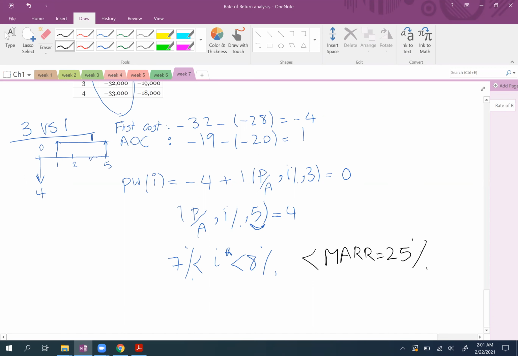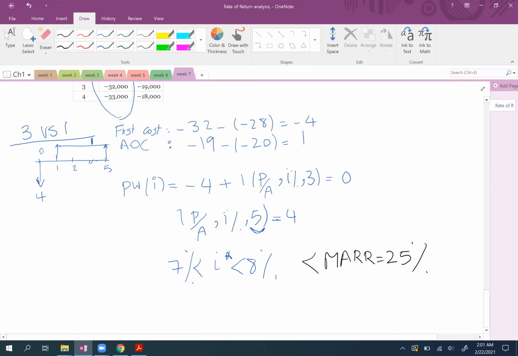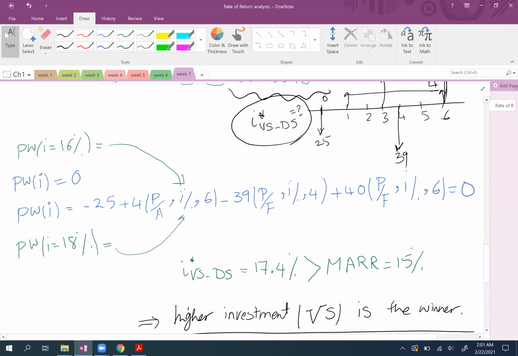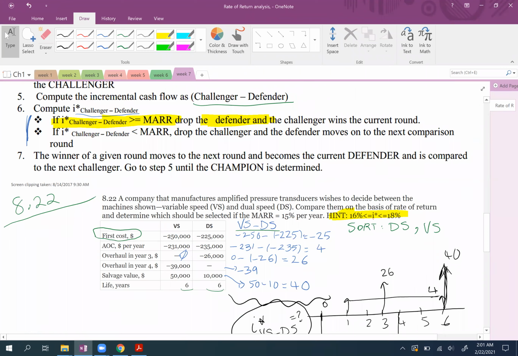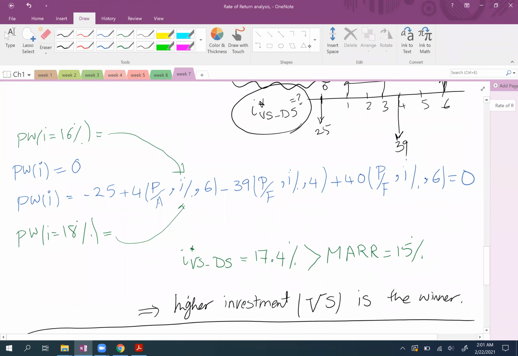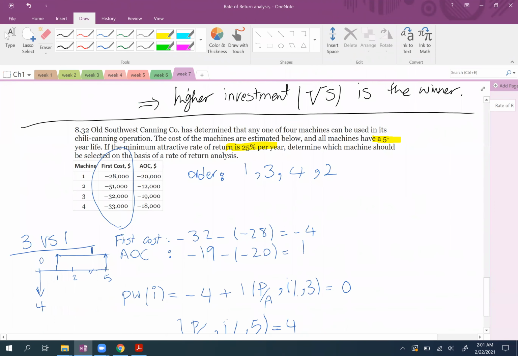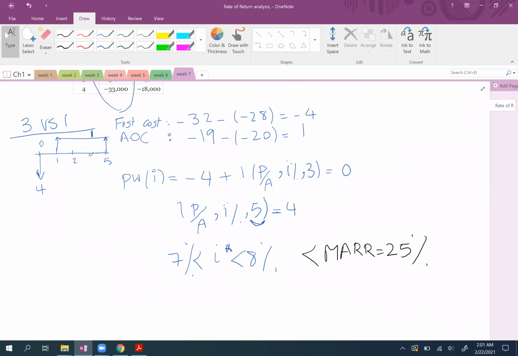So based on this algorithm, if it is less than 25%, less than MARR, you would drop the Challenger. So Challenger was the expensive project. So you will drop alternative 3. So therefore, I would say Defender, or alternative 1, wins in this round.